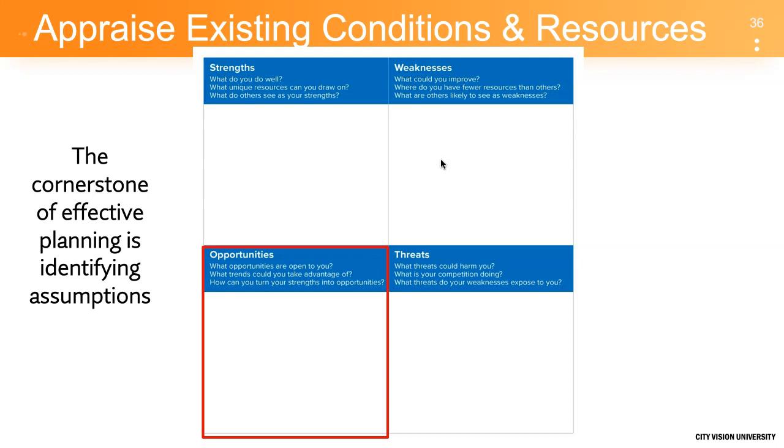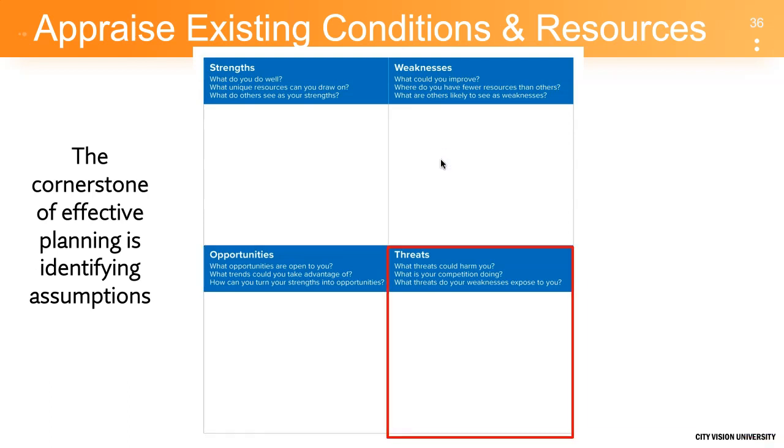Even if you talk about weaknesses, perhaps the weakness that you have is the ability to develop curriculum. However, there's a lot of great curriculum out there, external to you, maybe through cityvisioncurriculum.org or cityvisioninstitute.org, that you could buy relatively inexpensively and bring into your program, and therefore be able to augment one of your weaknesses by seizing this opportunity.